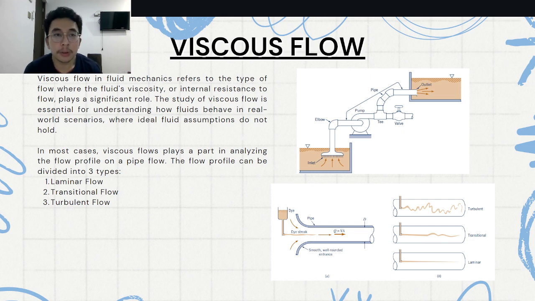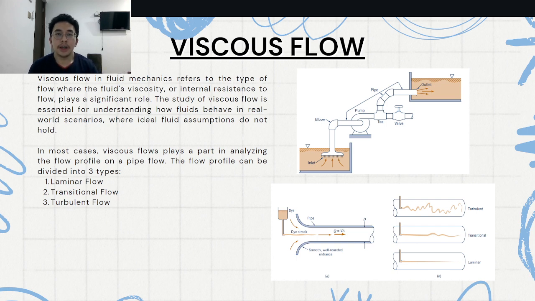Viscous flow in fluid mechanics refers to the type of flow where the fluid's viscosity, or internal resistance to flow, plays a significant role. The study of viscous flow is essential for understanding how fluids behave in real-world scenarios, where ideal fluid assumptions do not hold.